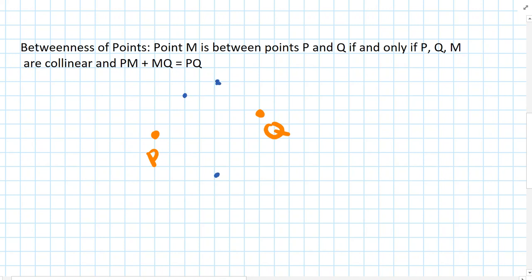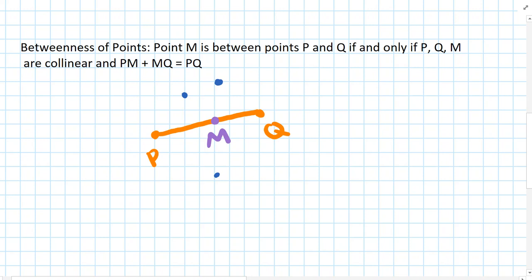But when we're talking about the definition of between, as it refers to a line segment, between is always going to be directly on this line. So that's where this collinear comes in. M is collinear with P and Q, so they share a line. So this is going to be my point M here.